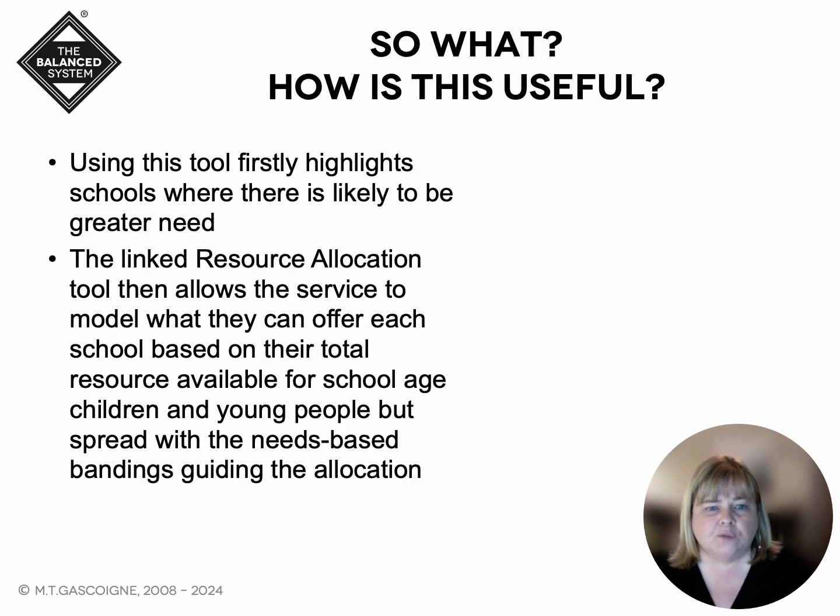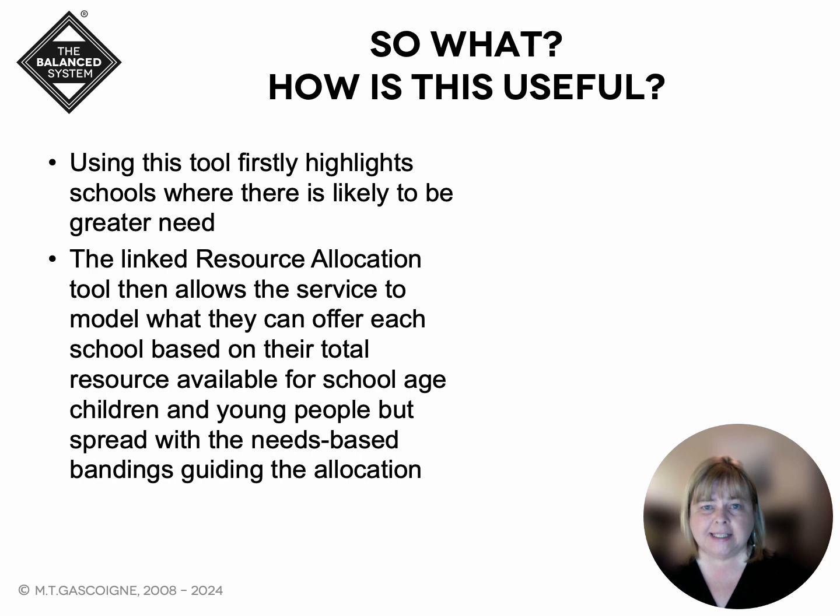So why is this useful? Well, using the tool highlights schools who are likely to have greater need and can be predicted to have greater need. But most importantly, the linked resource allocation tool then allows the speech and language therapy service to take the resources it has available for children and young people of school age and apportion that resource according to a formula that will follow the bandings.